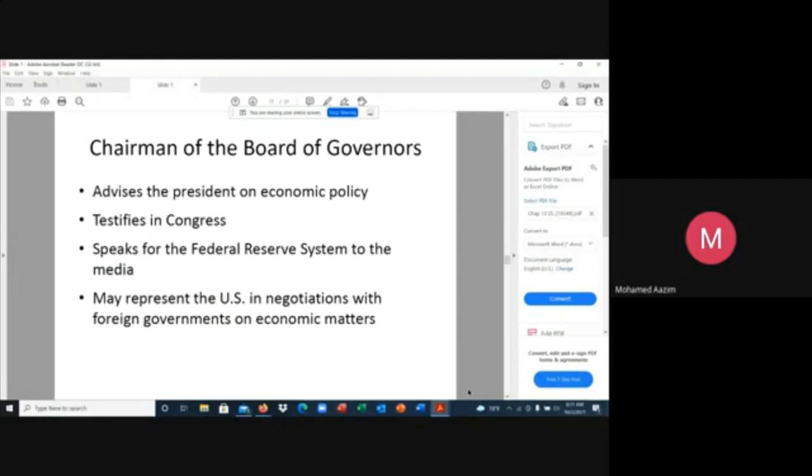And there's no difference when I say Fed Reserve or central banks here. In all countries, these activities are carried out by the head of their monetary authority, central bank, or reserve bank. It's very common. They also represent the US in negotiation with the rest of the world, particularly on economic matters. Even in the case of Sri Lanka, the governor of the central bank engages with the rest of the world, not only in economic matters.